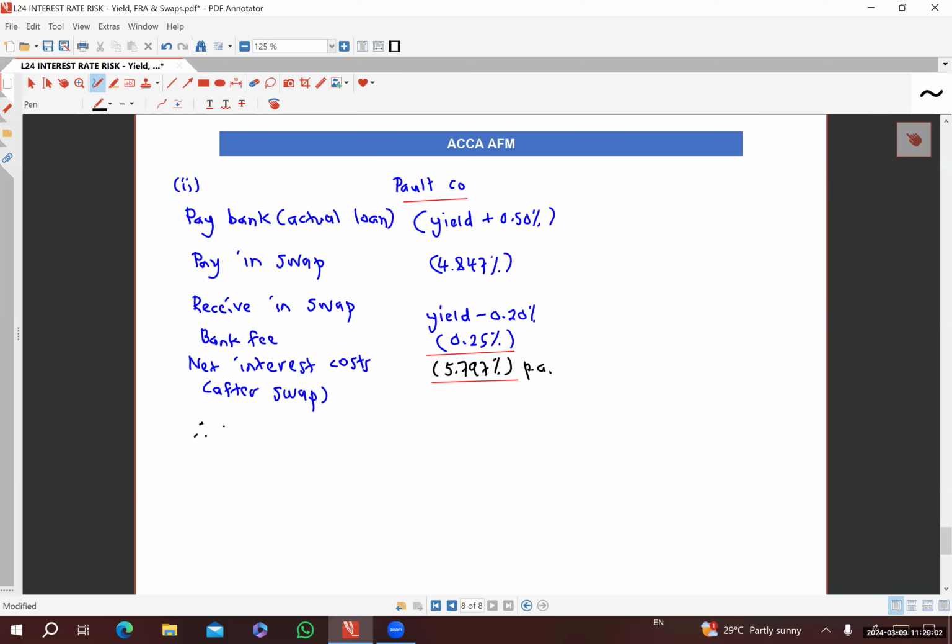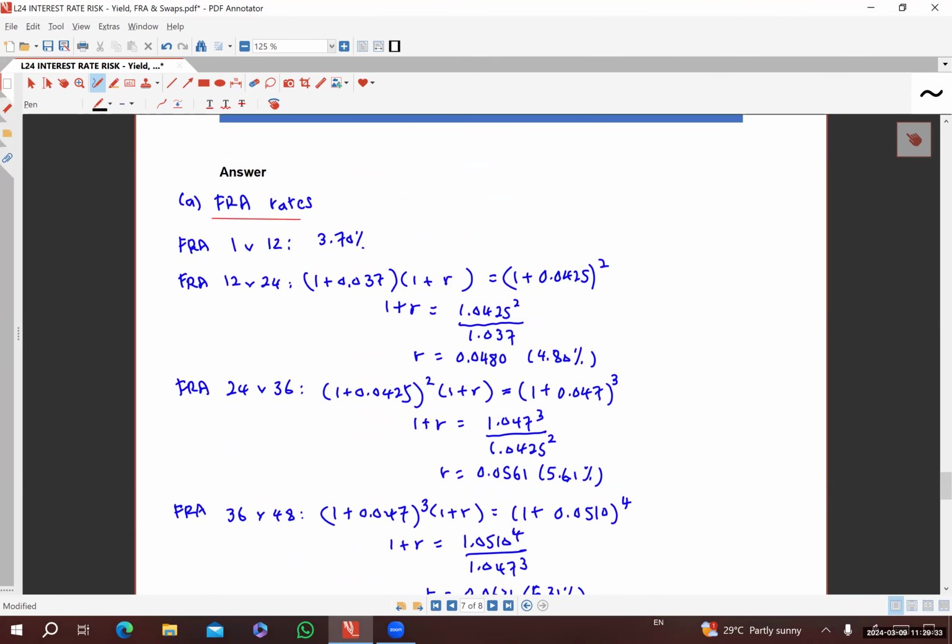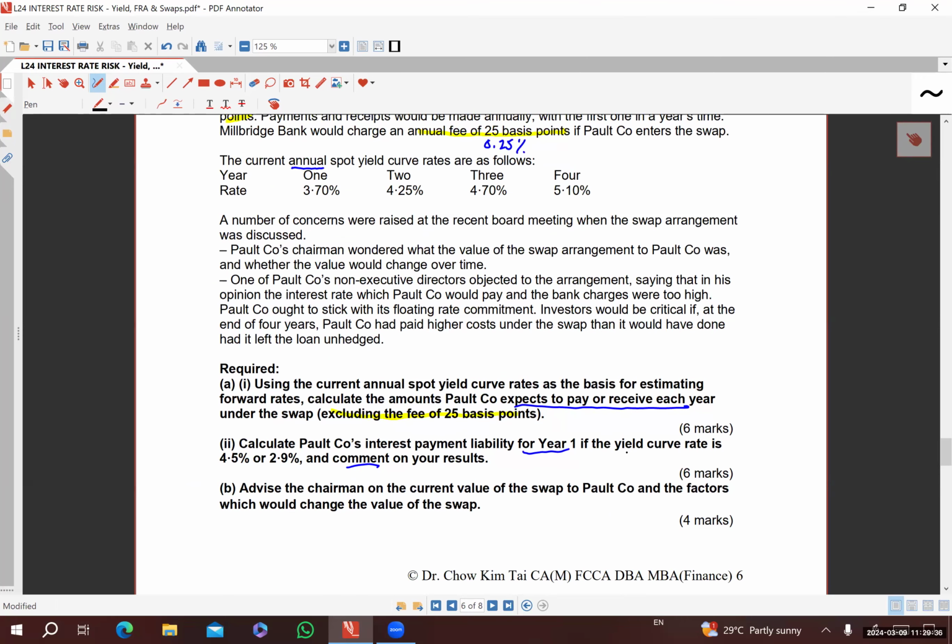So after the swap, Bob will have fixed rate. Bob will have fixed rate interest. Therefore, no matter how the yield changes in the future, whether it's 4.5 or 2.9, it will not affect Bob because it's already fixed rate.